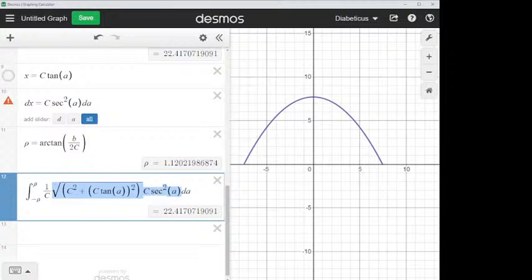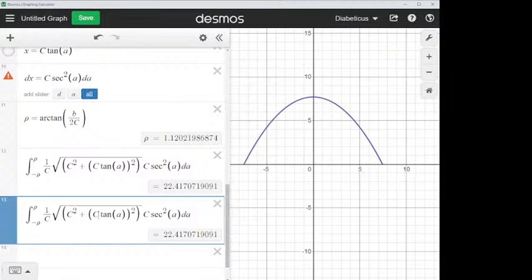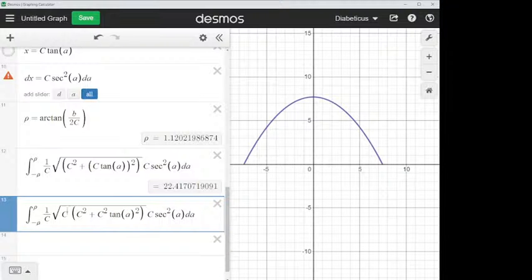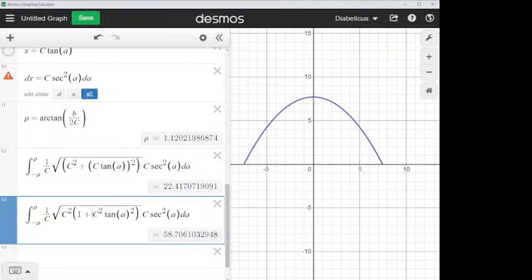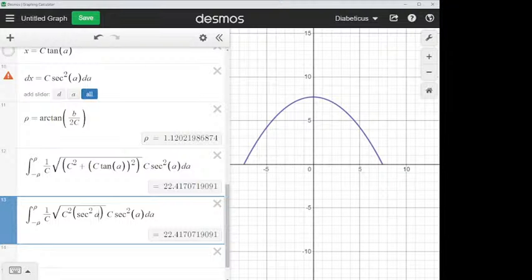Yeah, let's do this thing here. Let's simplify that. It's gonna be c squared times 1 plus this guy. This becomes secant squared a. This becomes c secant a.